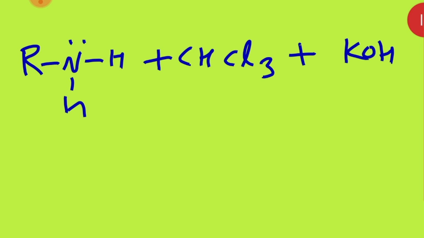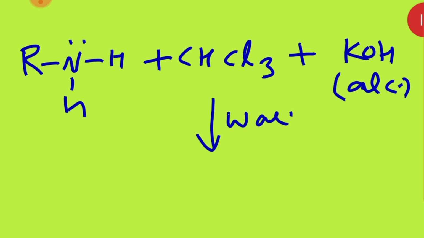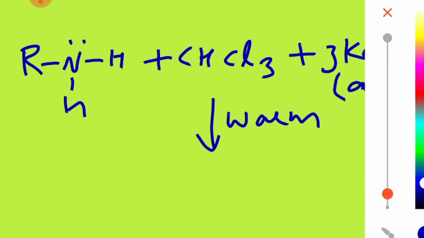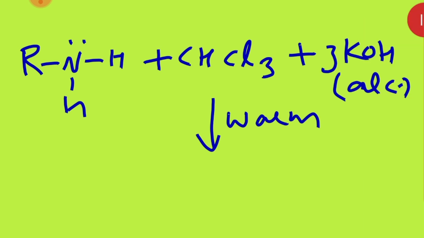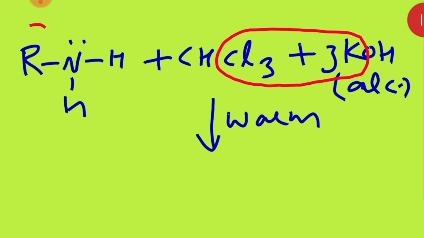We have to take alcoholic KOH, and then on heating there will be a formation of isocyanide. We are going to use 3KOH, so in the product we should remove 3KCl.